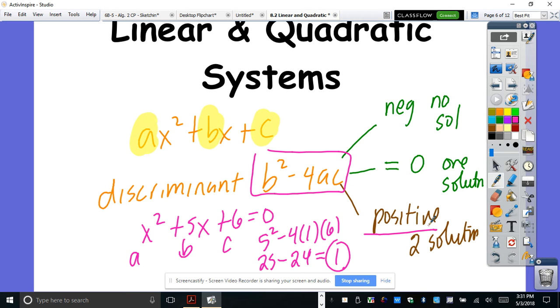So I know if I factor this one, there will be two answers, or if I work it out, there will be two values of x. Or for this topic, there will be two intersections of a linear and a quadratic, or a line and a parabola.